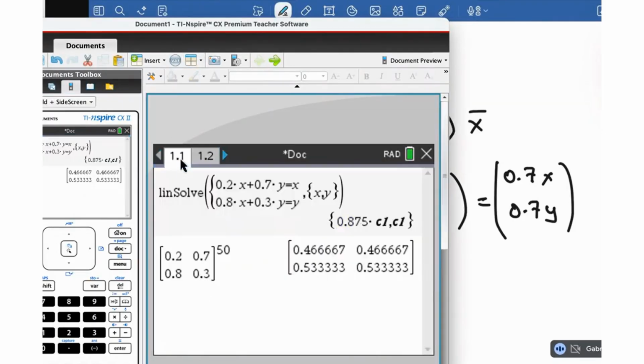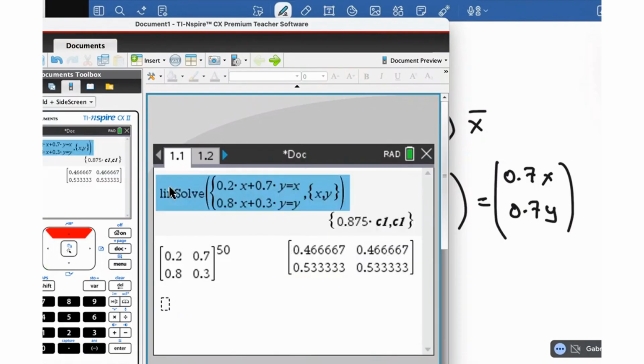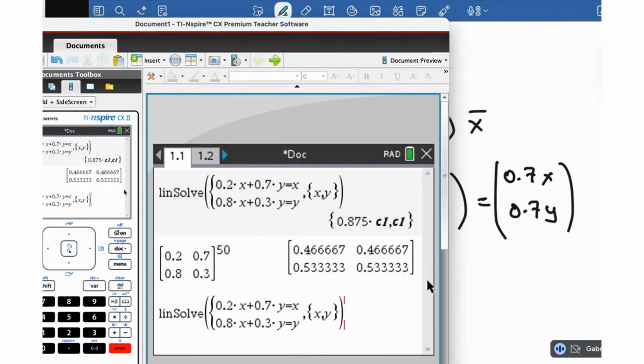Let me go back to my calculator, and I'm gonna do this the exact same as I did here. So now it is 0.8x plus 0.1y equals 0.7x, and 0.2x plus 0.9y equals 0.7y.